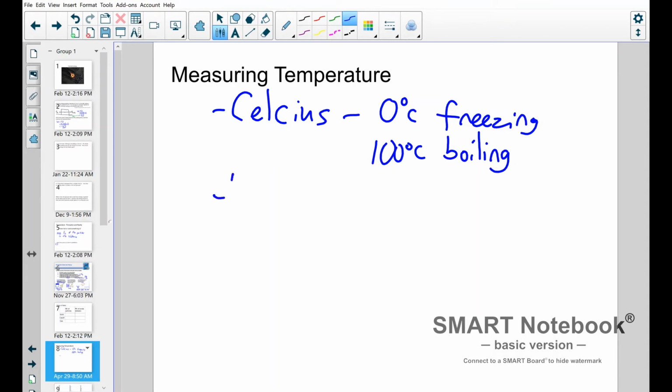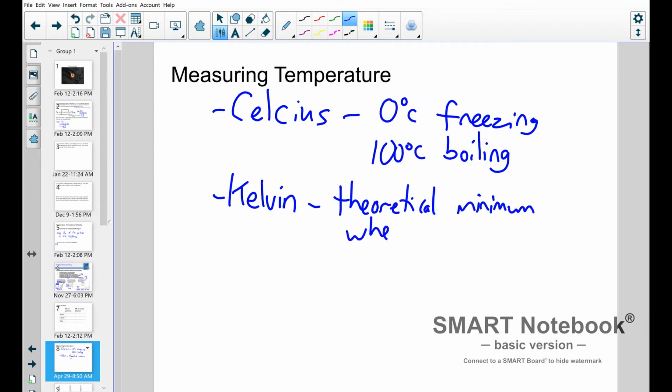The Kelvin scale is the one that's more directly tied to this conversation about energy. This is based on a theoretical minimum where that kinetic energy of the particles can be 0 joules.